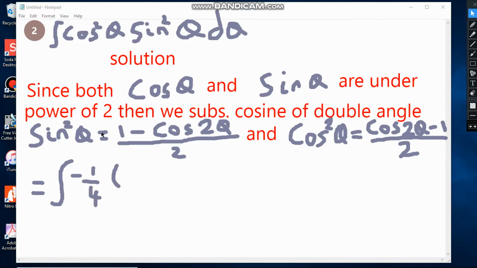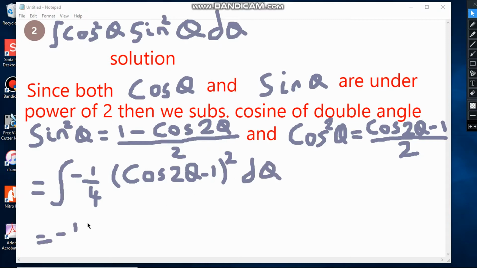When I take it out, here I have cos of 2 theta minus 1, and for this one, which is cos of 2 theta minus 1 over 2, 2 and 2 is already 4. So here I have cos 2 theta minus 1, and this is cos 2 theta minus 1. So it is a square, d theta.